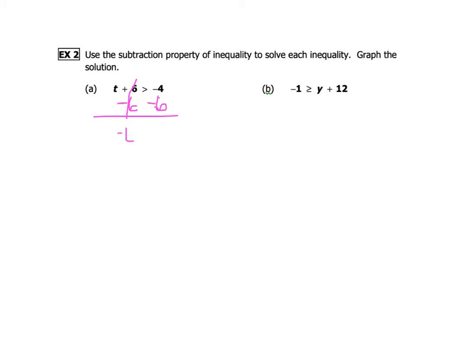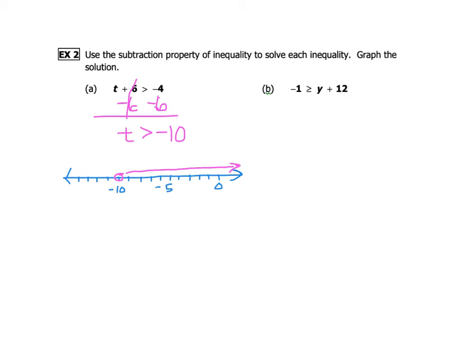I'm going to bring down a t, and this is greater than negative 4 minus 6 is negative 10. And we're going to go ahead and graph this. All right, we have t is greater than negative 10, so this is going to be an open circle at negative 10 and an arrow to the right.